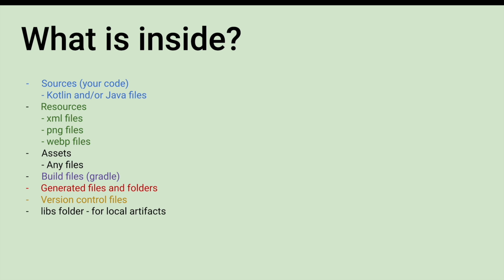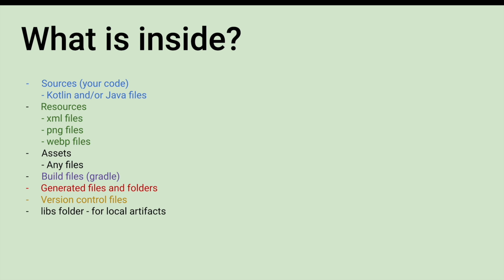And the next one is generated files and folders. Gradle is a cool thing and can generate some files to save you time. The compilation process takes less time if you already have some build files generated, and these files are marked here with the red typeface.